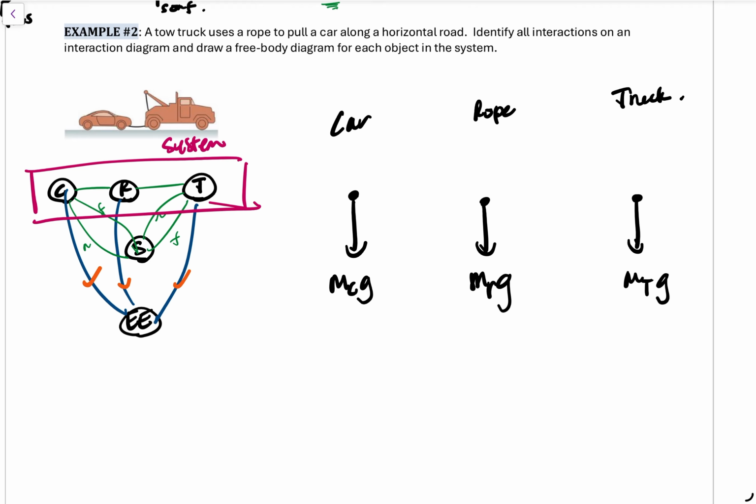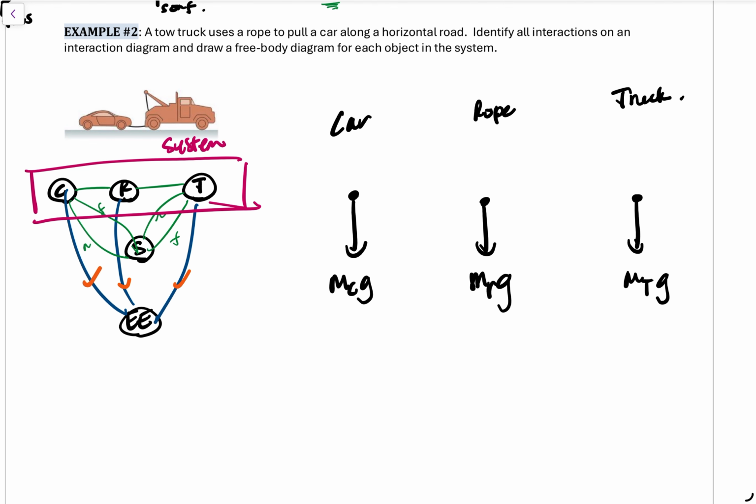Then we also have interactions between the car and the surface, so we'll do that one first. The car is just getting dragged along. The wheels are probably going to be rolling. I don't think it's a good idea to drag a car with wheels locked. So the wheels are going to be rolling, but there's no internal source of energy in the car.